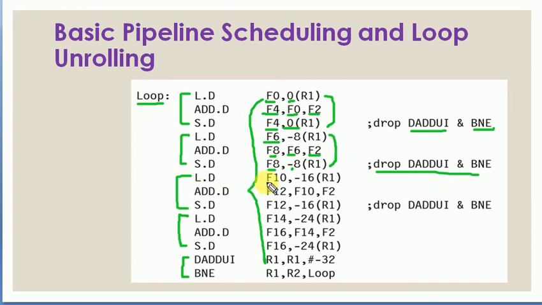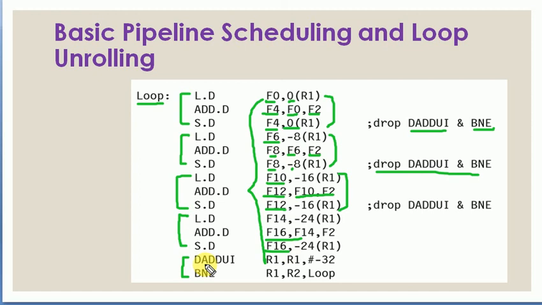Then again load minus 16, the next element, 998, and take it into the register F10. F10 will be added with F2, stored in F12, then the result is stored in the same memory location. Again load minus 24, again reducing 8 bytes, 997, then add, then store.